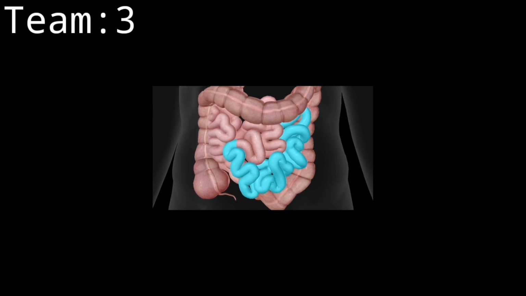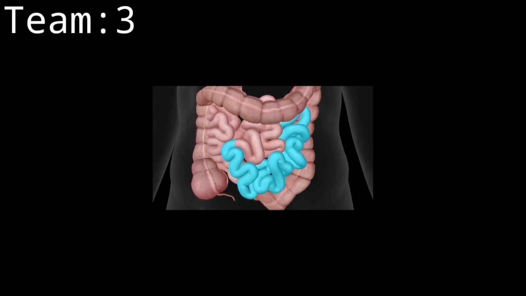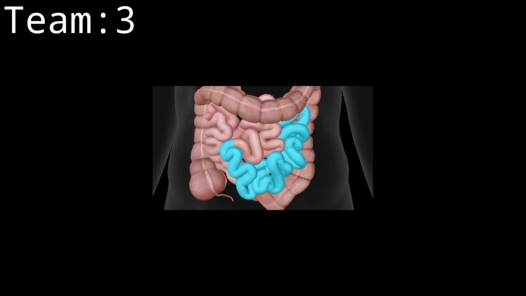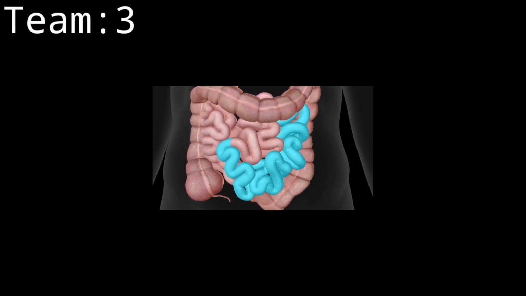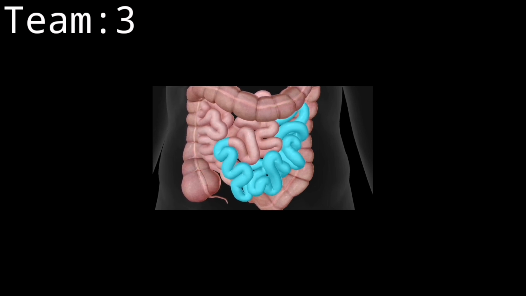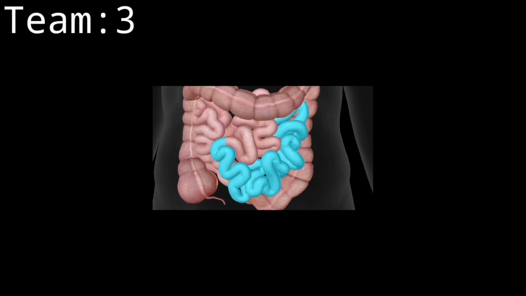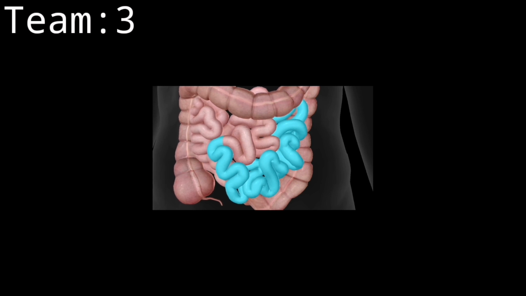The jejunum is thicker, more vascularized, and has a darker color than the ileum. It has circular folds and larger villi than the ileum. It is attached to the posterior abdominal wall by the mesentery, and the peritoneum allows for movement. The anterior is covered by the greater omentum.